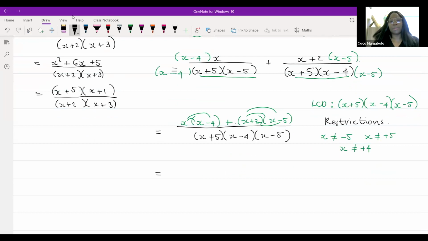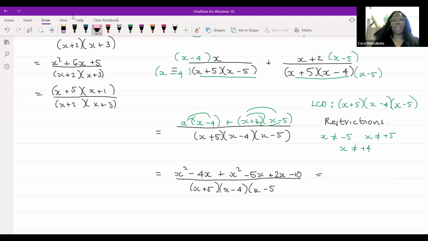So we're going to get x squared minus 4x plus, let's do some FOIL over here. I'm going to get x squared minus 5x plus 2x minus 10, all of this over x plus 5, x minus 4, and x minus 5. And then we're just going to add like terms at the top. I know I've got x squared plus x squared.